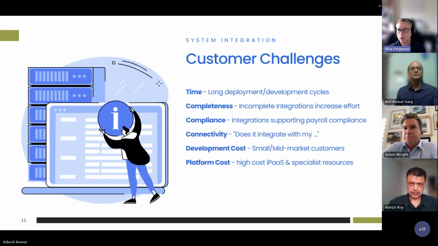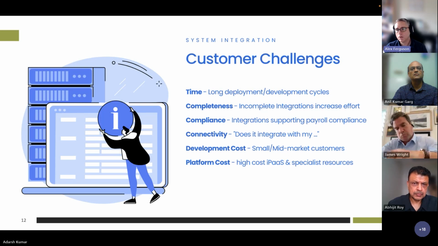As you see through our code-based integration solutions, we're able to significantly reduce that time. But importantly, due to the unopinionated nature of the platform, we're able to significantly increase the completeness of those integrations. So we're not constrained by what the middleware layer can actually do. We can build integrations of unlimited complexity as required by specific customer needs.